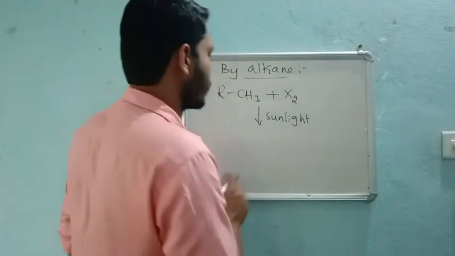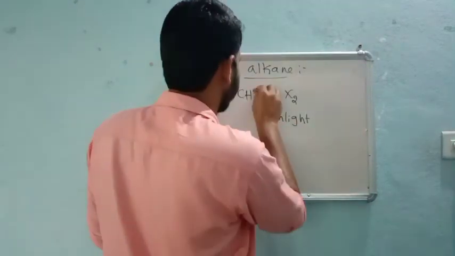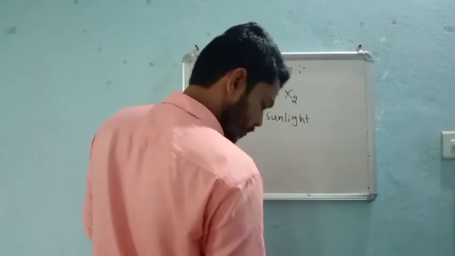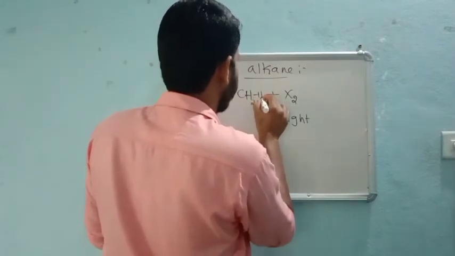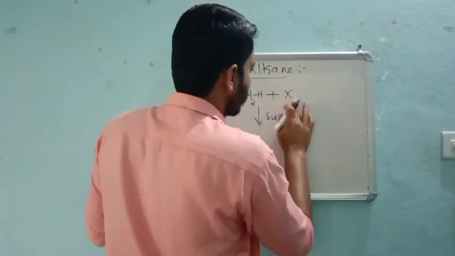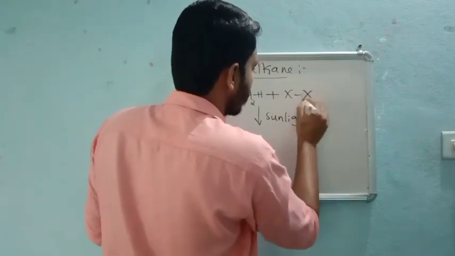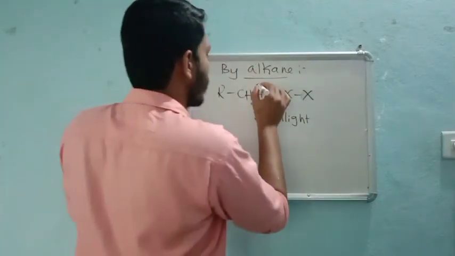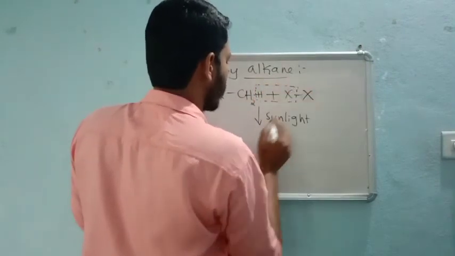What happens here? You just replace. If I write the open structure, R-CH2-H, then you just remove this hydrogen. What happens?